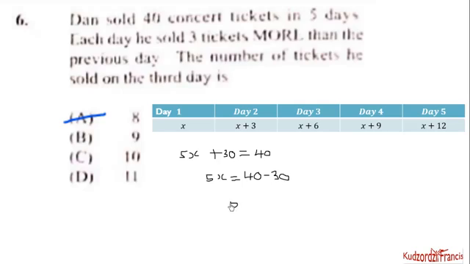So 5X will be equal to 10. This means X equals 2. So if X is equal to 2, then on day 3 you sell 2 plus 6, which is equal to 8. So the correct option is this.